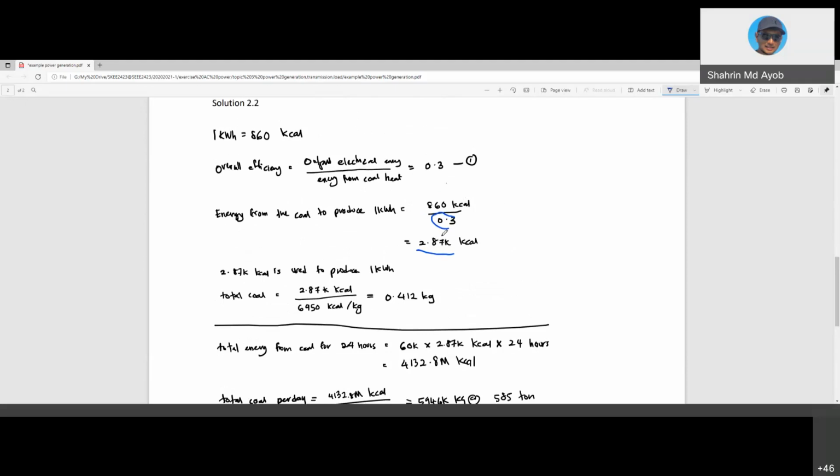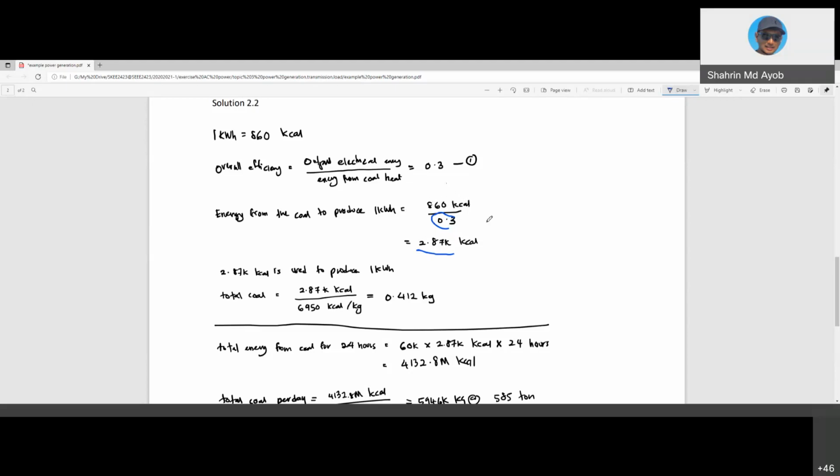Okay, so this one is actually you multiply with the efficiency of the conversions, right? So it requires around 2.87 kilocalories to produce 1 kilowatt hour of energy, or 860 calories.